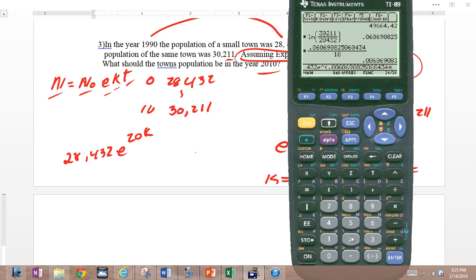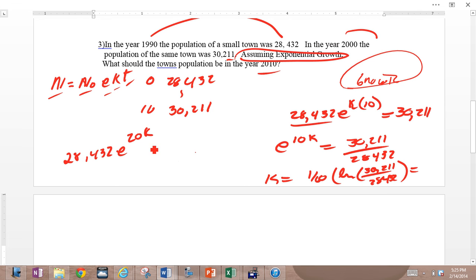So our 2010 population is 32,101 individuals in the year 2010.